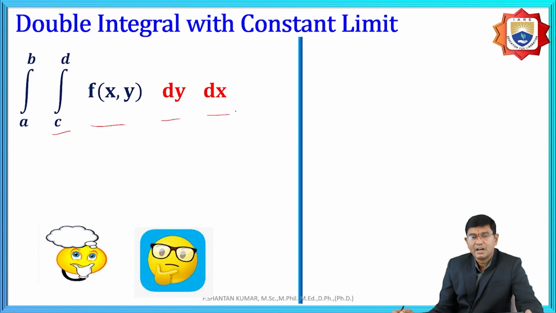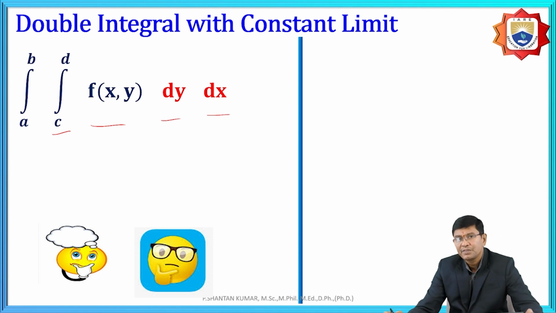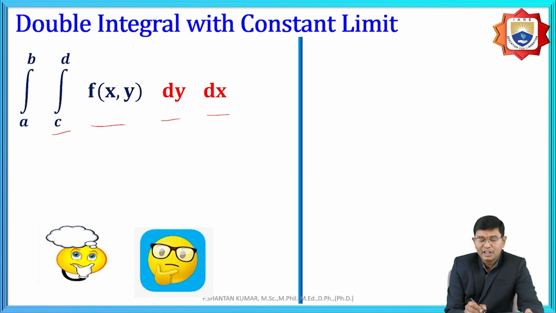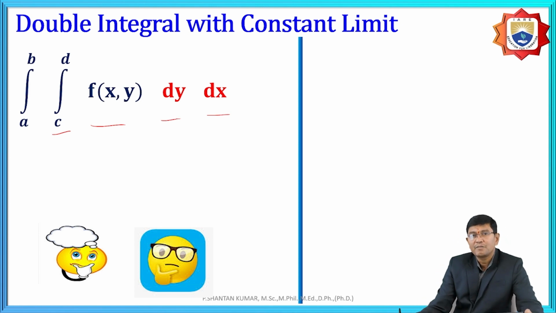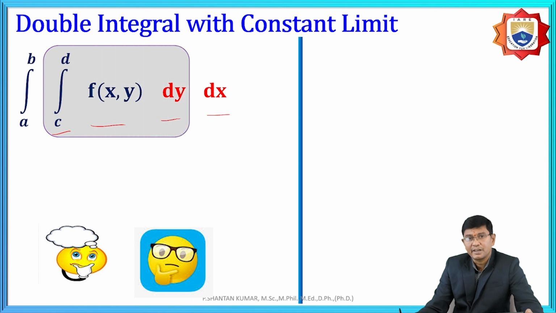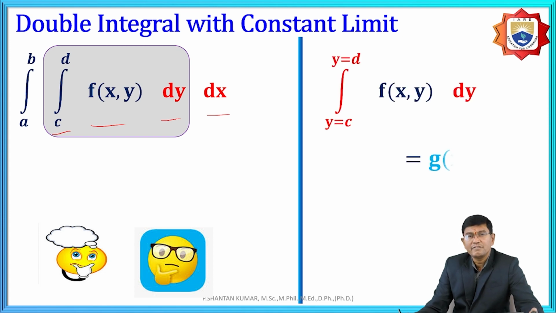That means, observing the previous one, the inside variable is dx, but in this one the inside of the integral is with respect to y. So we need to integrate with respect to y, because the inside variable is dy. The limits are treated as y equal to c to d, and we integrate with respect to dy, that is the y variable.